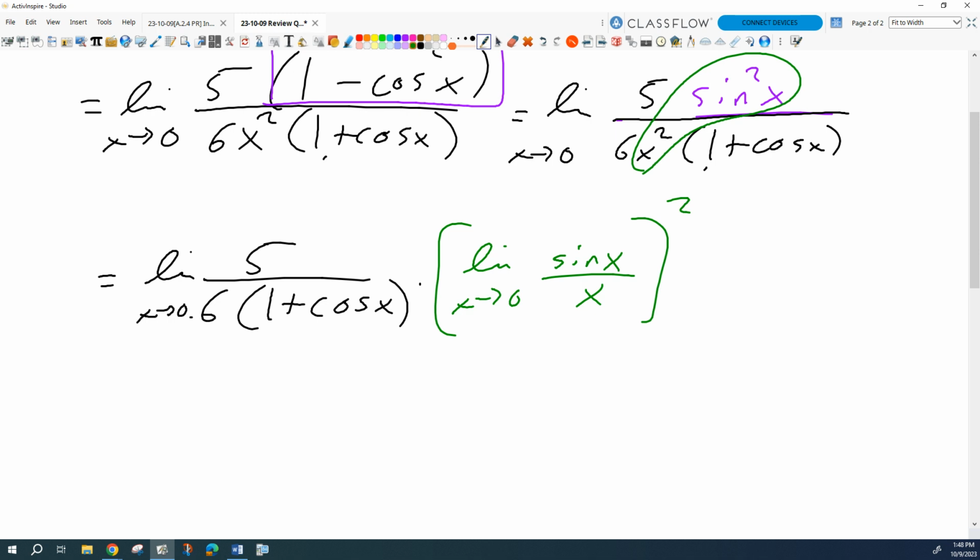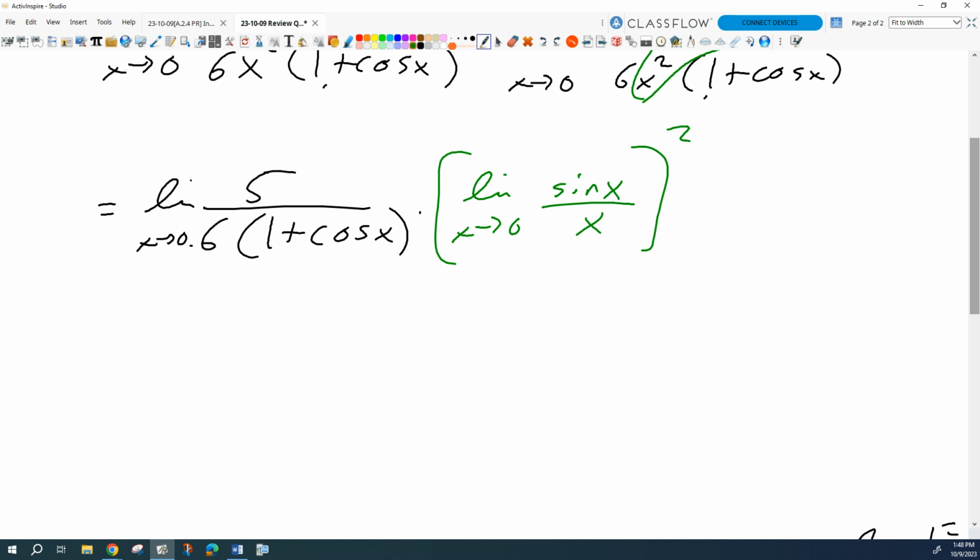Okay, well, what is that limit? 1 squared is 1. How about over here? If I let x go to 0, doesn't that just give me 5 over 6 times 1 plus 1? Everybody agree? That's just 5 over 12 times 1 equals 5/12. Okay?